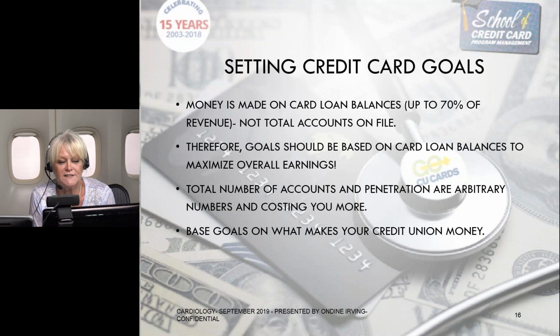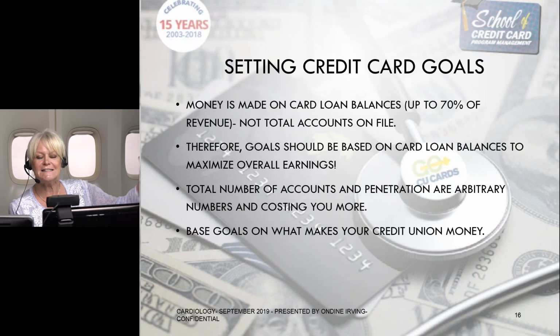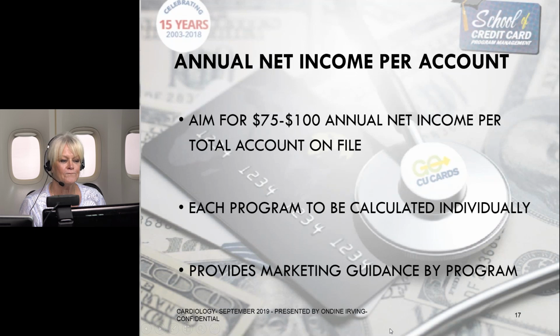Total number of accounts and penetration are arbitrary numbers and basically costing you more money with the processors, because especially in a full service environment, many of you will be paying 4, 5, 6, 7, 8 different fees for every account on file, regardless if it is active, closed, status, whatever it may be. Continue to base goals on what makes your credit union money.